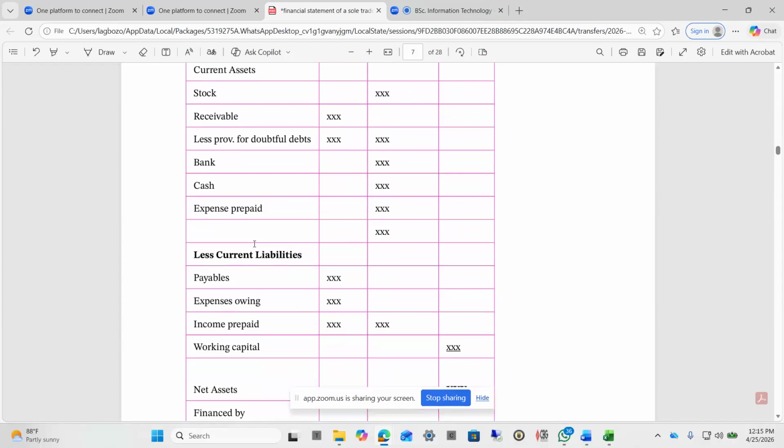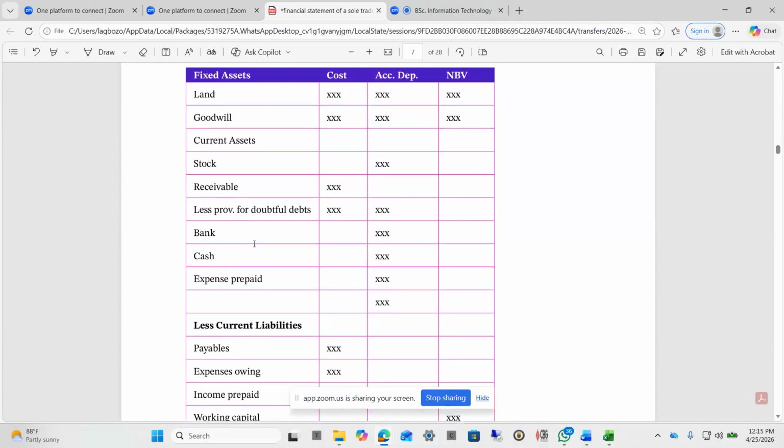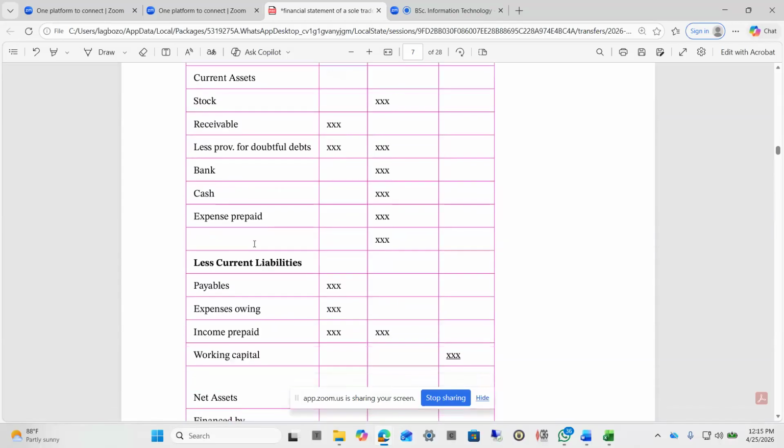Is that side okay? Then I also said, if you take your current assets and you subtract your current liabilities from it, then you get what we refer to as your working capital. Is that okay?